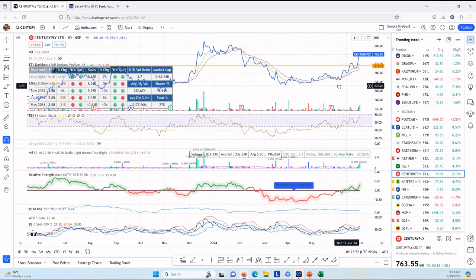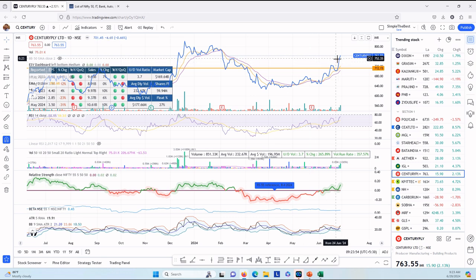This stock is also good. Century Ply. It's showing a round bottom kind of pattern. So at best I can go for a small position, and when it crosses here I can go for a larger position. If I see the sales, it's continuously showing some good numbers, like 6 to 10, but still EPS-wise it's very less.